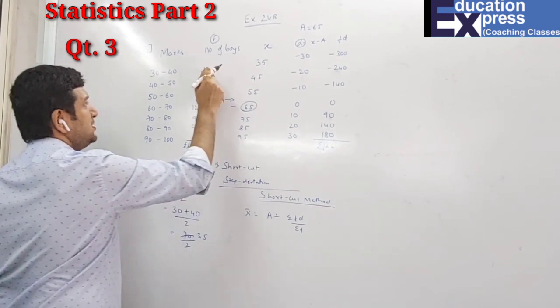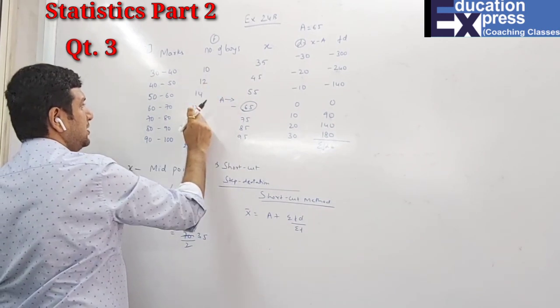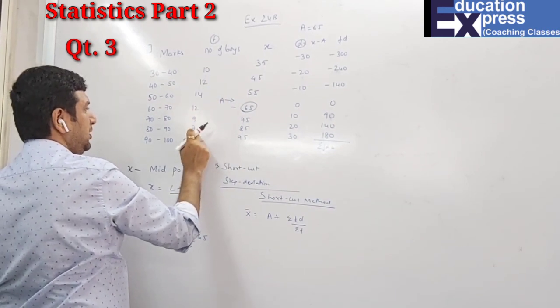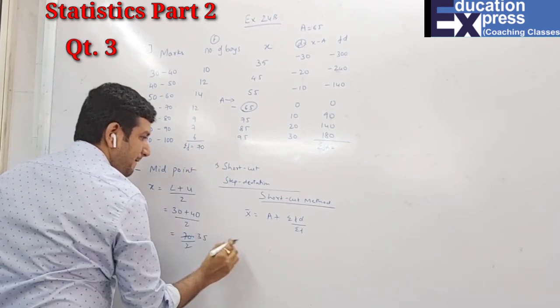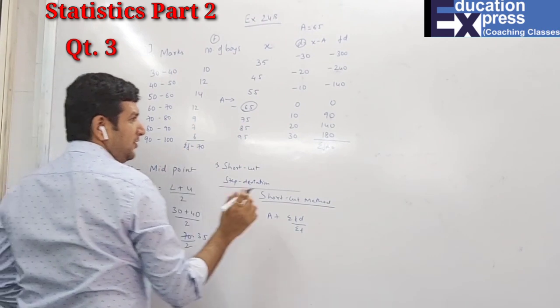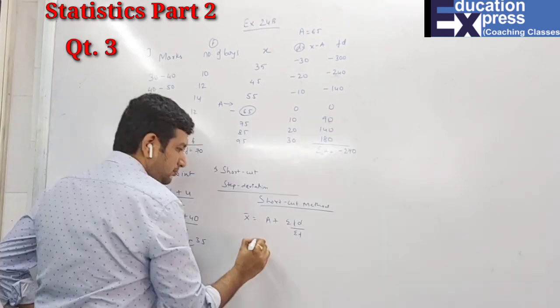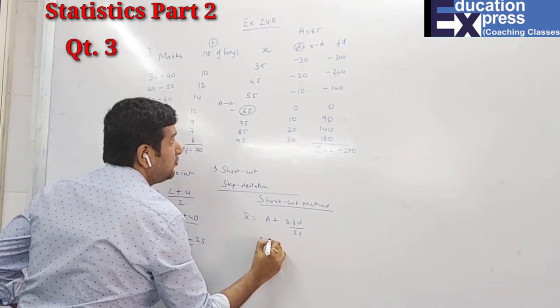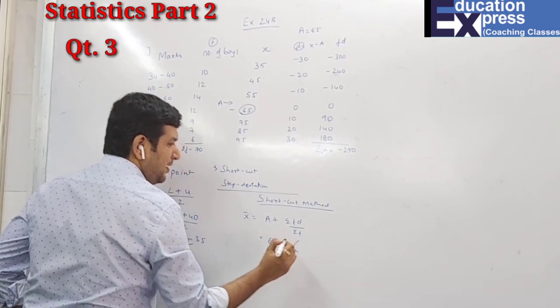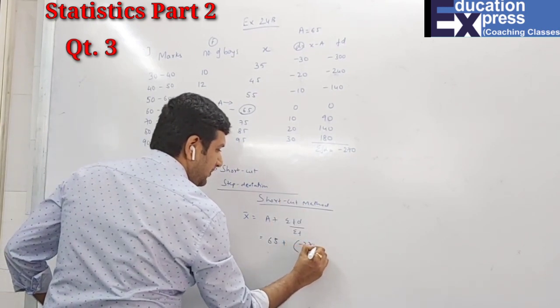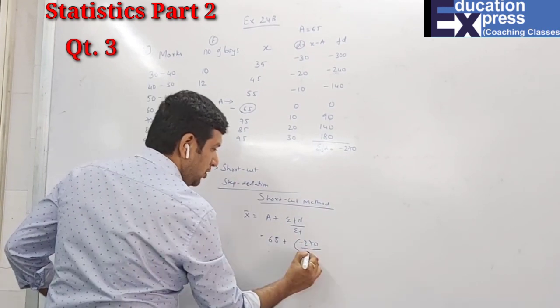So sigma f is your 26, 36, 36, 48, 48, 54, 54, 63 and 70. Okay, sigma f is available. Sigma fd is minus. So now x bar is 65 plus sigma fd, which is minus 270, upon your 70.